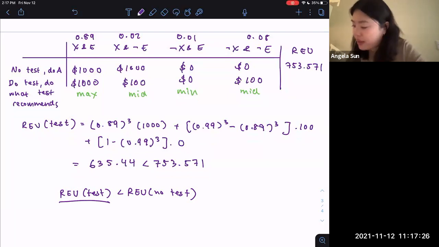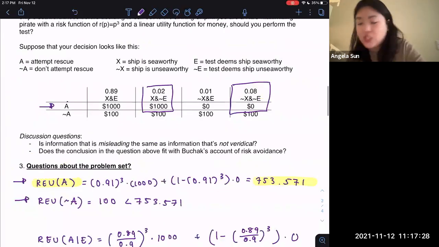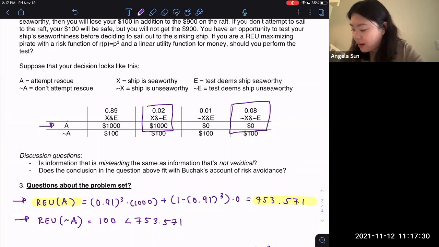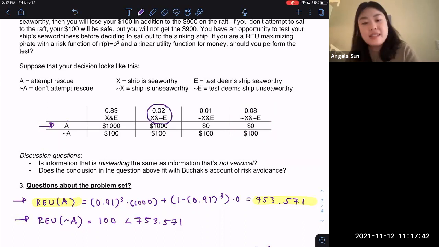So a couple of things we're thinking about, which I indicate in the discussion questions, are: is information that is misleading the same as information that's not veridical? One question being, does the fact that false negatives and false positives are possible affect the way that the question is phrased?